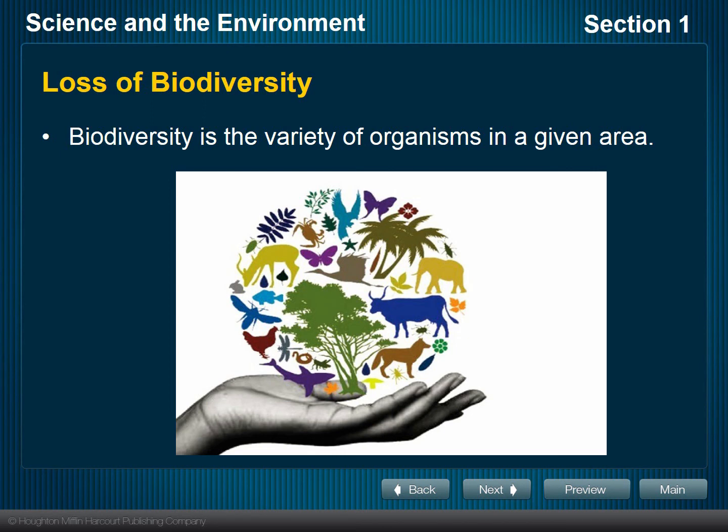Only a fraction of all the species that once roamed the earth are alive today. Many have gone extinct. Scientists think that if the current extinction rates continue, it will cause future problems for the human population. For these reasons, it is important we take care of the environment we live in.